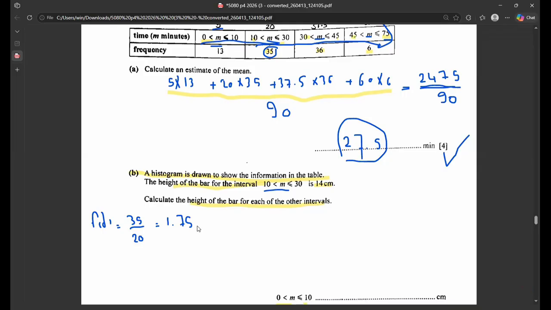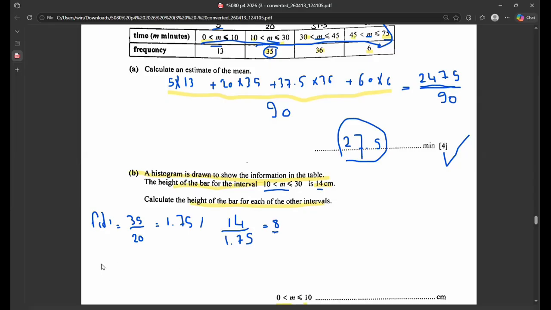Then we need the multiplying factor. So we take the height, which is 14, dividing by 1.75, which is equal to 8. And that is the multiplying factor.